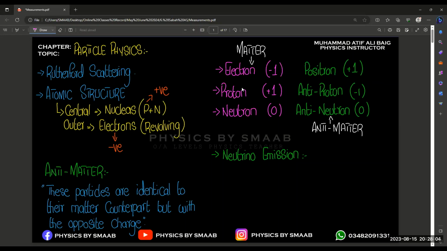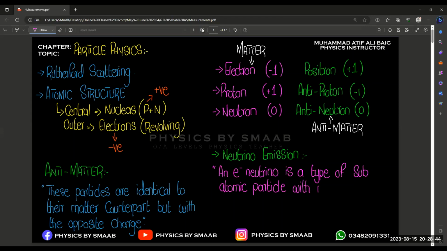So the basic definition is: an electron neutrino is a type of subatomic particle with no charge and negligible mass.